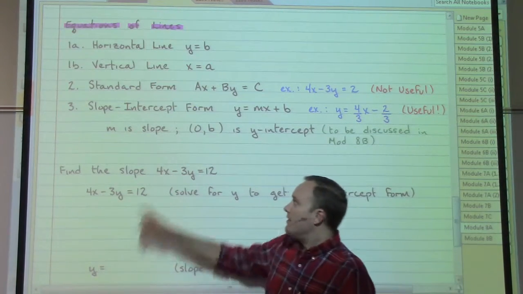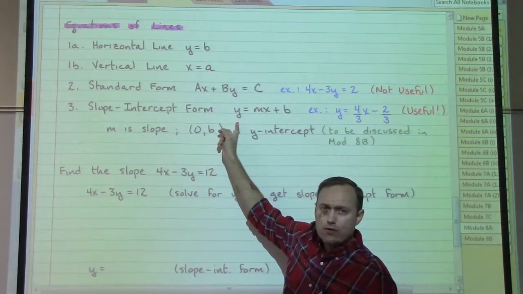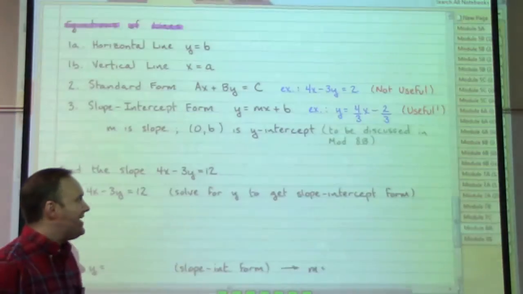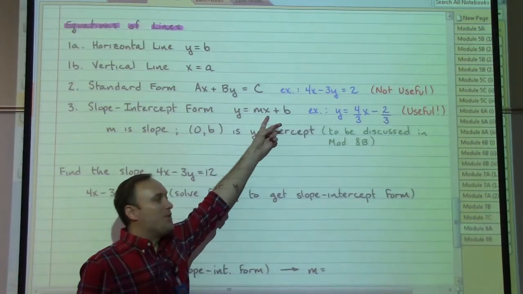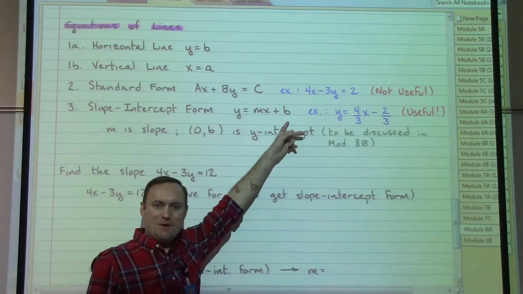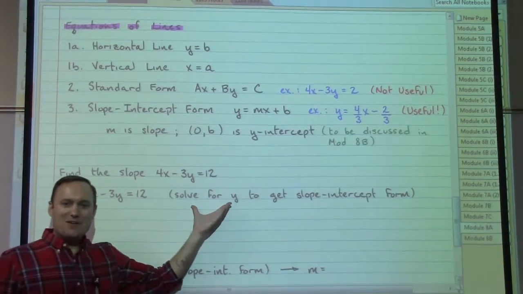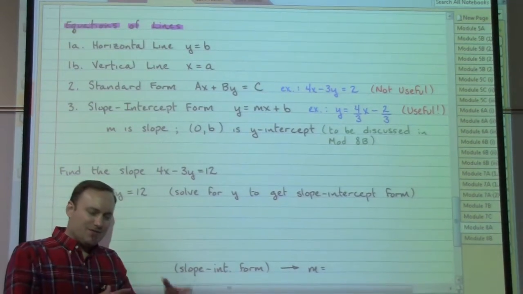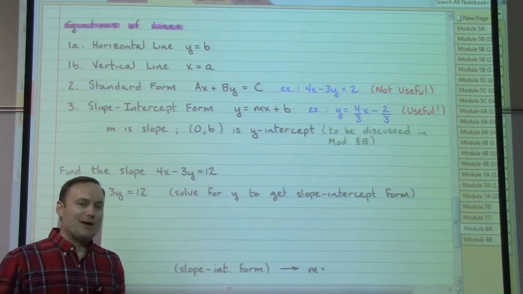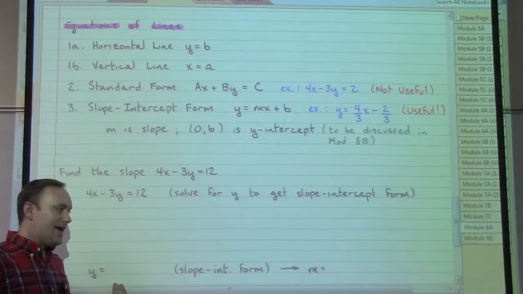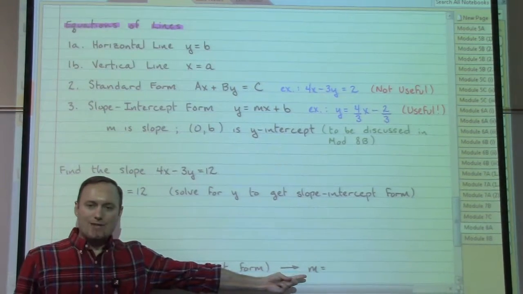If instead I use this new version, if I was able to come up with y equals a number followed by x, possibly followed by another number being added or subtracted, if I basically solve for y and put things into that nice, useful arrangement, then I can just go ahead and pick the slope right out and end up getting the answer that I need.